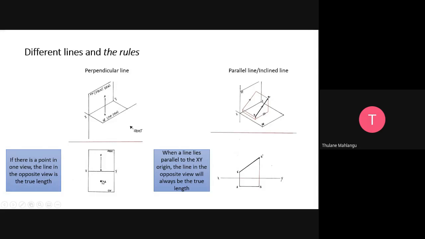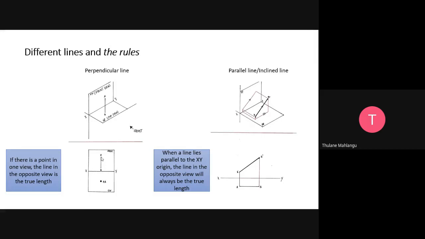So if there's a point, in this case, there is a point in the top view. There is a point AB there. So it means the line in the opposite view, which is the front view, that line is the true length. Again, what I explained in the previous slide was in the orthographic drawing there, from the XY to point A, that is the height above the horizontal plane.